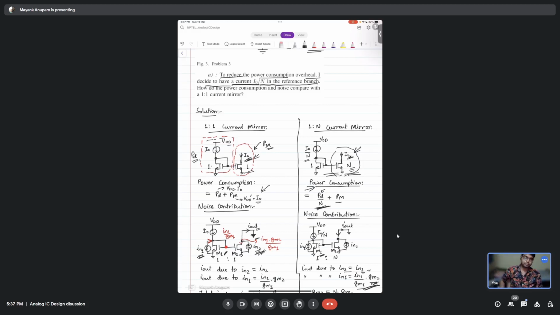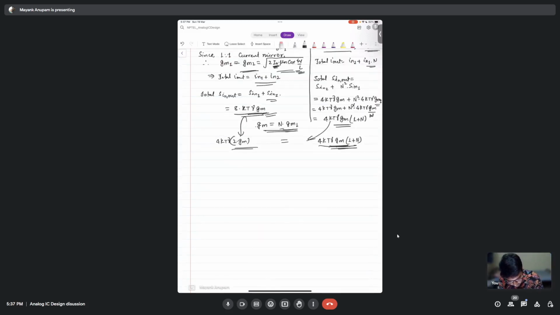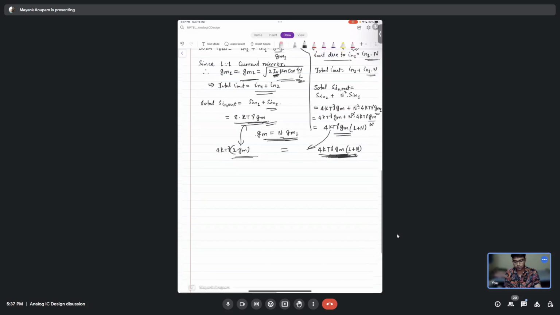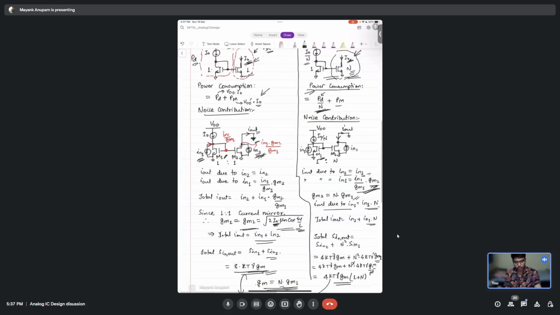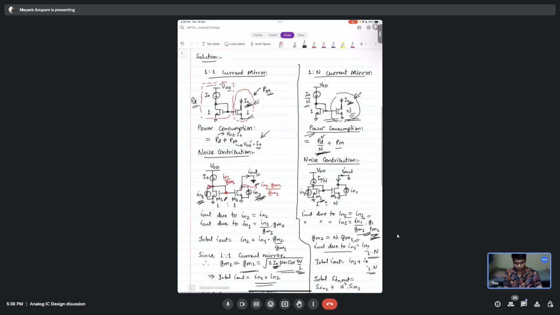But what will you lose? You will see that noise is more in the second case. So when you are trying to reduce the power consumption by increasing the order of this current mirroring, be careful that you are also increasing the total noise. This is the moral of the whole story.